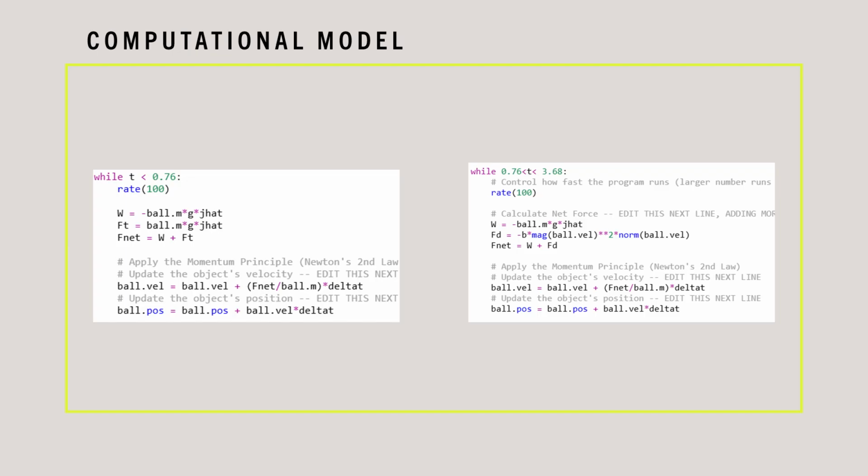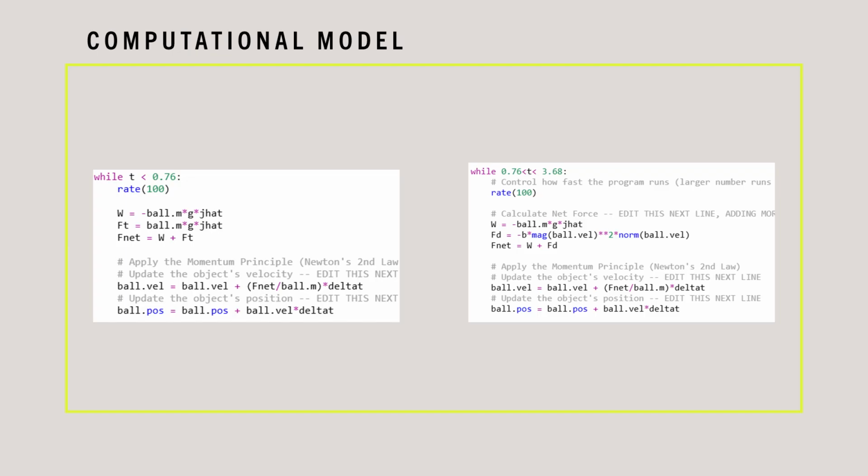So this is my computational model. We had two separate models for the time difference that occurred. Whenever the time was less than 0.76 seconds, of course, we have the velocity update formula and the position update formula, which occur for Newton's second law. We also have the gravitational force, and the tension force as well.